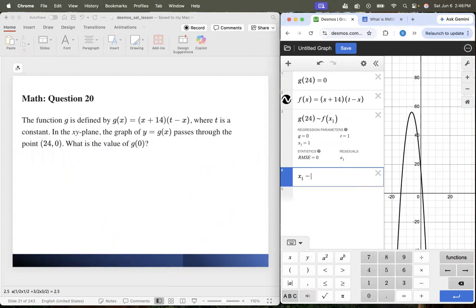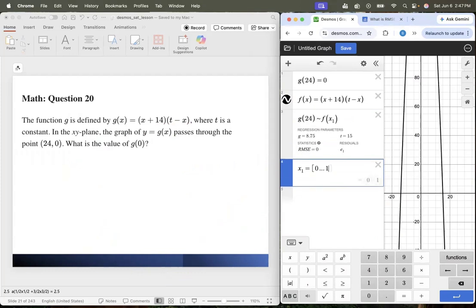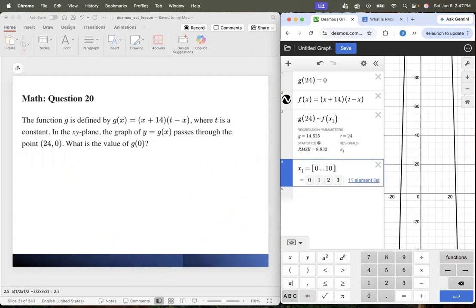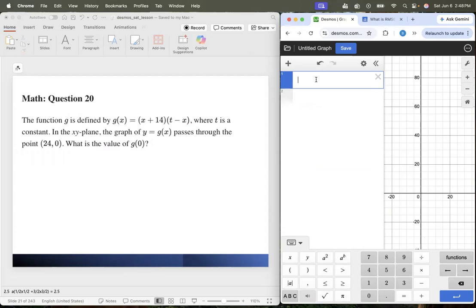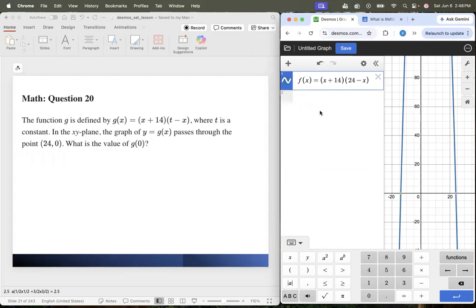Because x is 1, we just have to get some random number. So we're going to put 0, 0, 10, and that will give you our t is 24. After you find your actual t, I can say f of 0 is going to be what? 336. And that's how you do it.